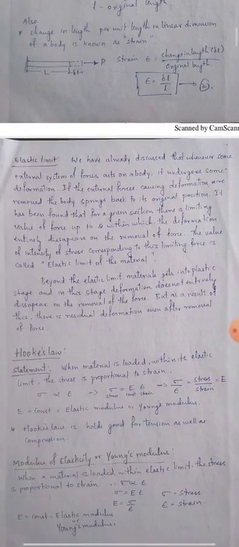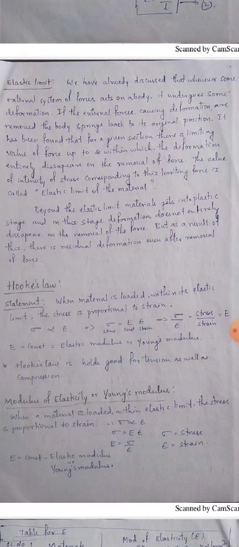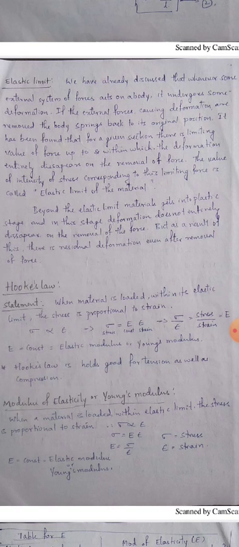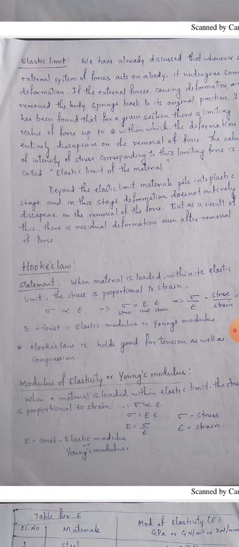Then the next definition is elastic limit, which means the value of intensity of stress corresponding to the limiting force is known as the elastic limit of the material. As you know Hooke's law, the statement of Hooke's law is that stress is proportional to strain within the elastic limit.